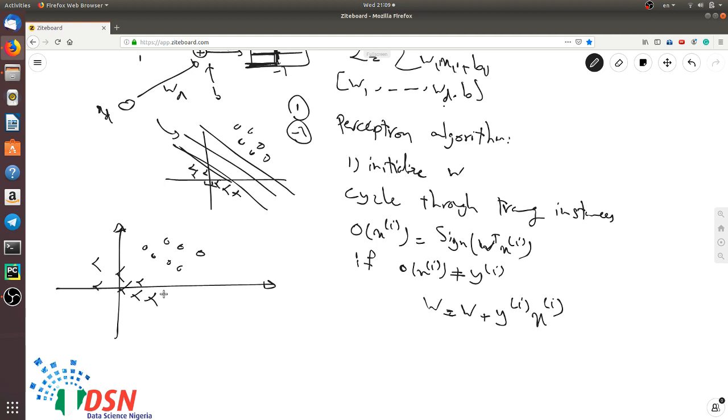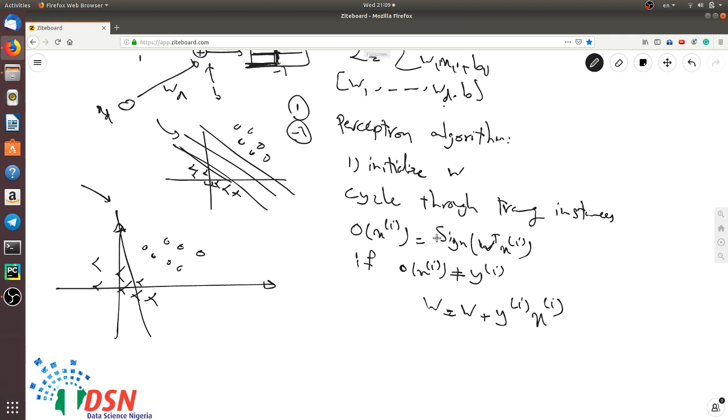So let's say these are the data, and we initialize the W, so we probably have something like this in the space. This is the initialization of W.